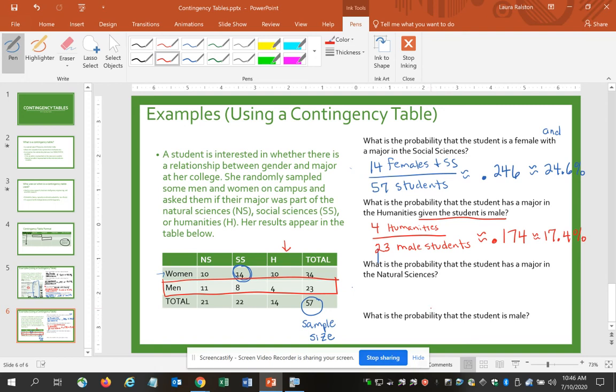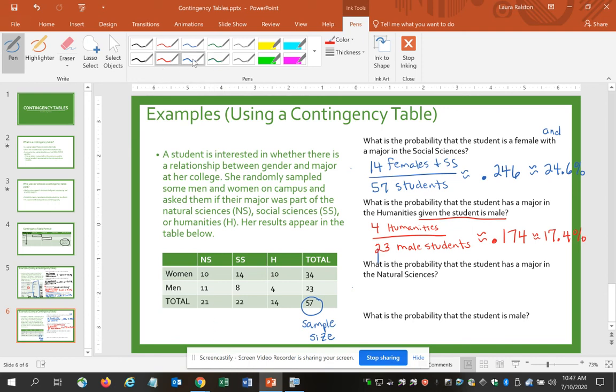The next one says, what is the probability the student has a major in the natural sciences? Notice in that particular question, there are really no limitations. It doesn't say we're going to focus just on natural sciences or anything like that. So now I'm back to using the entire sample size, and I want to focus on just the fact that they're in natural sciences.